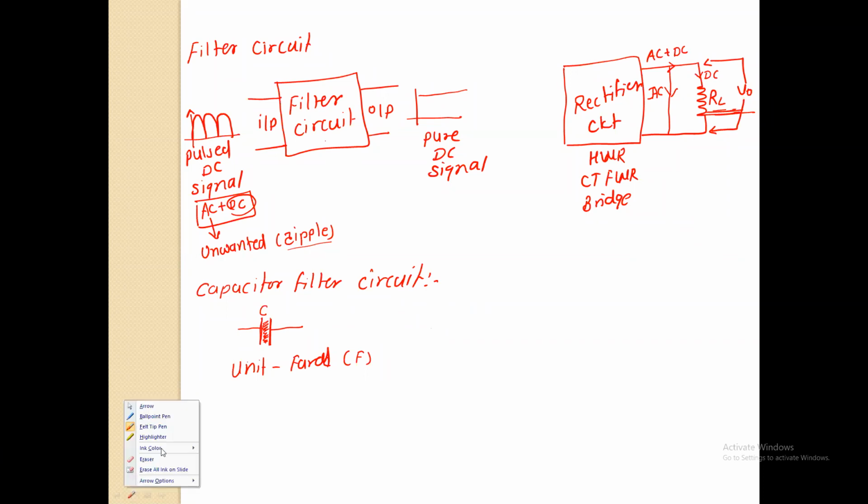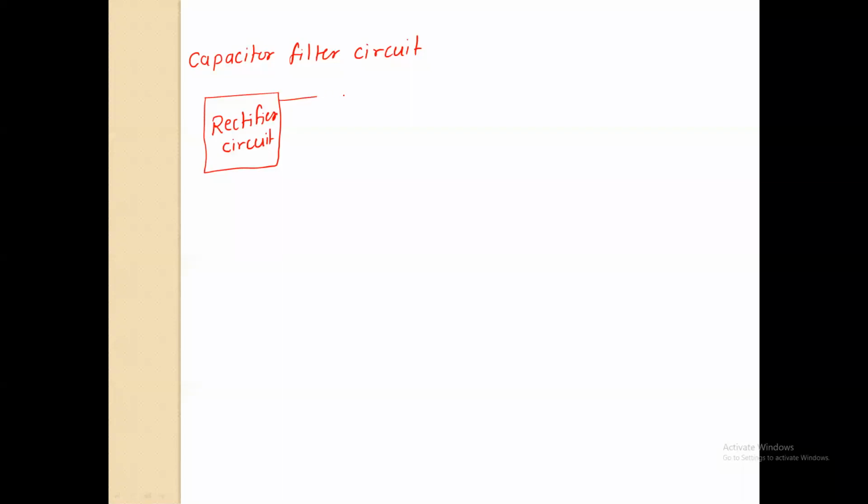Let me try to remove these things. Now we have to discuss how the capacitor filter circuit works. Capacitor filter circuit. Now consider that this is the rectifier circuit, and this one is the load resistor RL, where we always measure the output voltage.